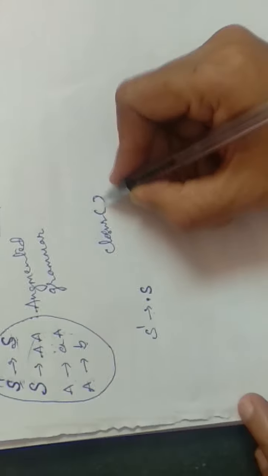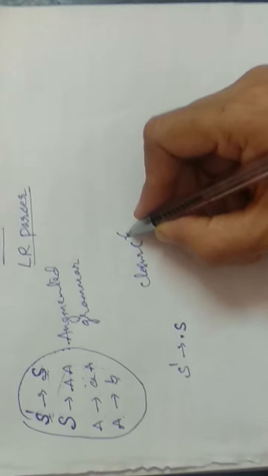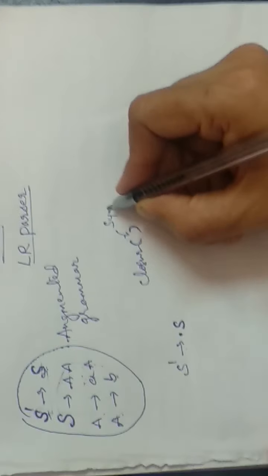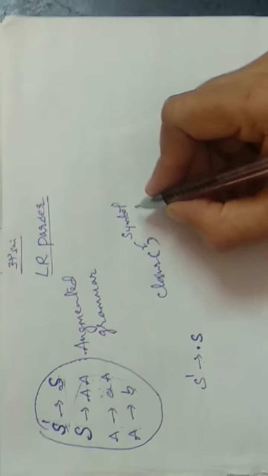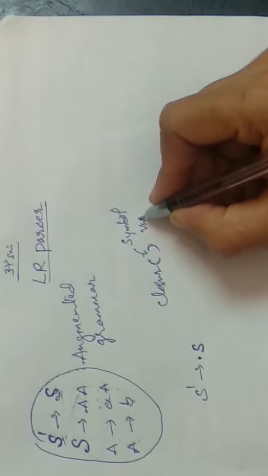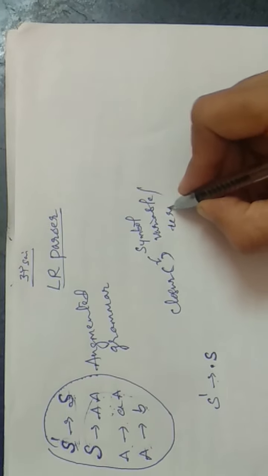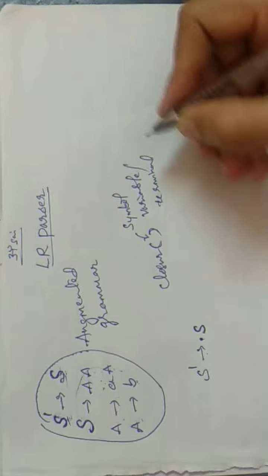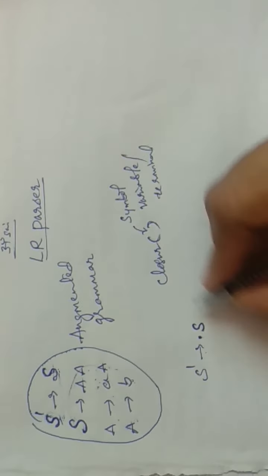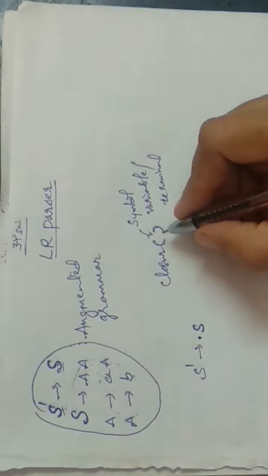Here in this parenthesis we have to pass some symbol. That symbol can be a variable or a terminal. If it is a variable, it has to introduce the respective production. If it is a terminal, you know that a terminal doesn't derive any production.